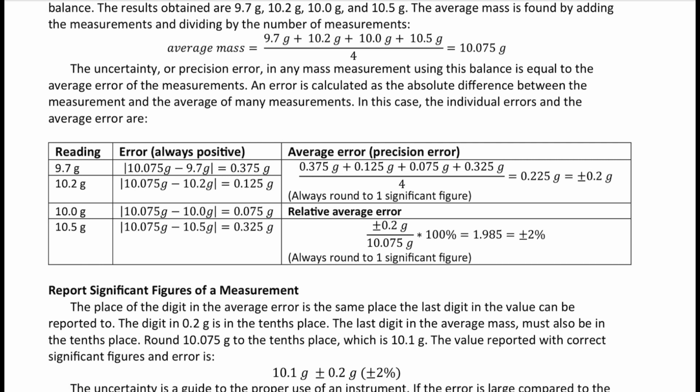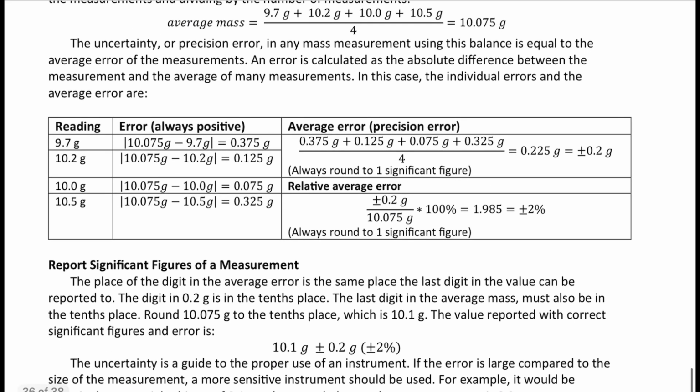So it's the sum of those 4 values divided by 4. And that gives me 10.075. So the first question is, out of these values, the 1, the 0, the 0, the 7, the 5, which of them are actually significant figures? Which of them actually reflect data that we measured?